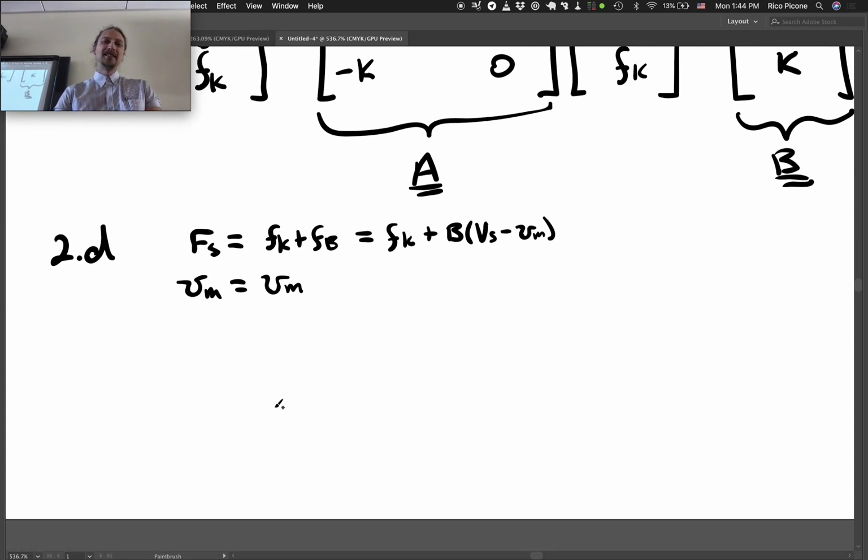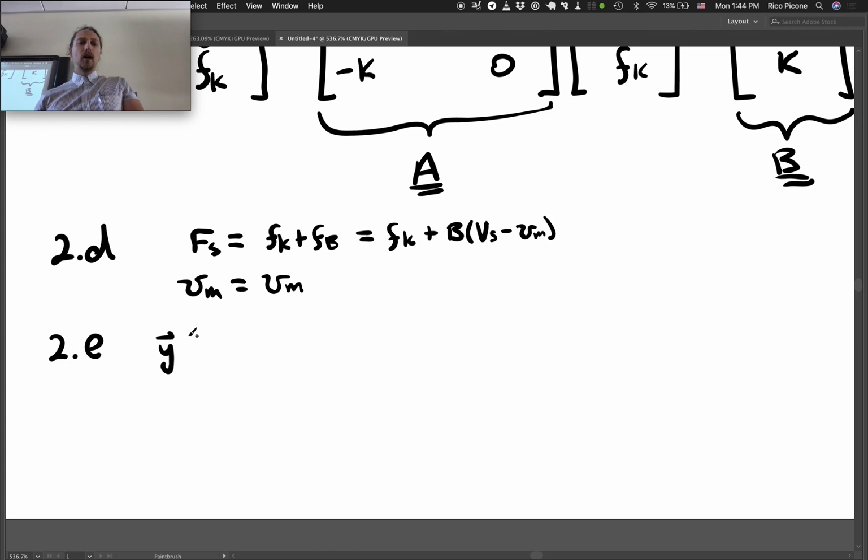Okay. So now we've got the last step, 2e. We need to write the output in standard form, which is always y equals the C matrix x plus the D matrix u.